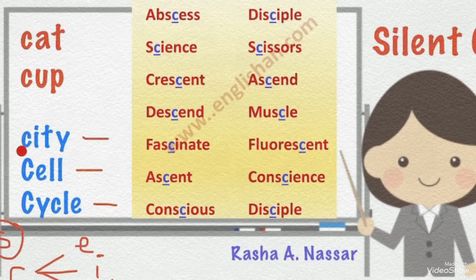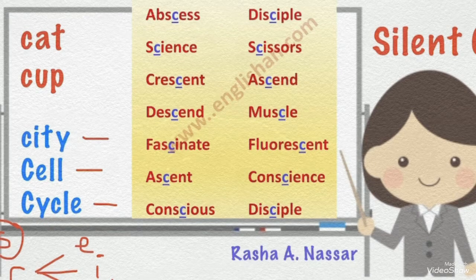Because here letter C is followed by letter I, so I will read it S, city. And here letter C is followed by letter E, so I will read it cell. And here letter C is followed by letter Y, so I will read it S as in cycle. So in all these words I can read letter C as hard C, as in cat and cup, or soft C as in city, cell, and cycle.